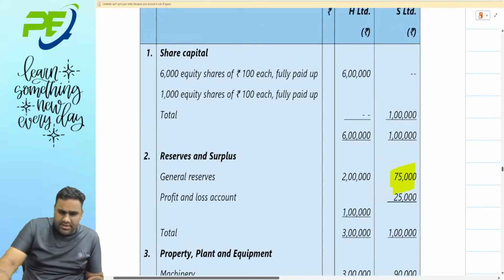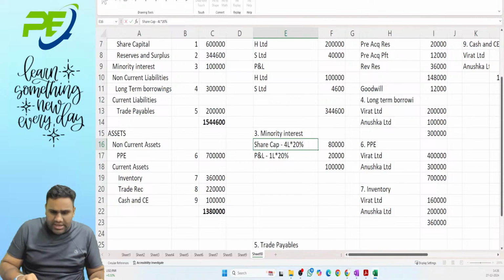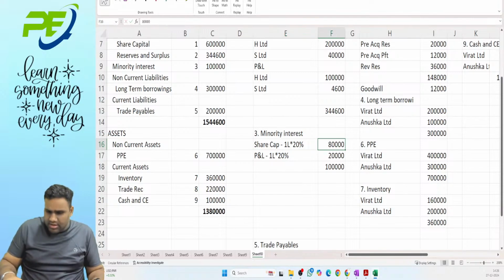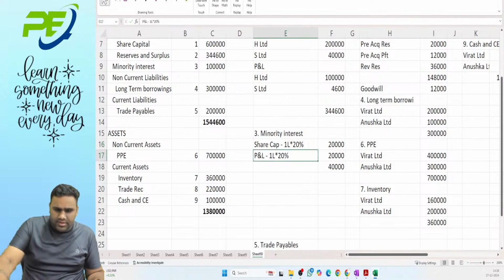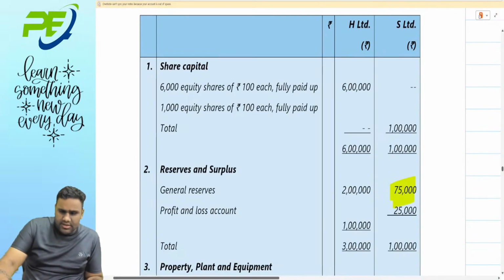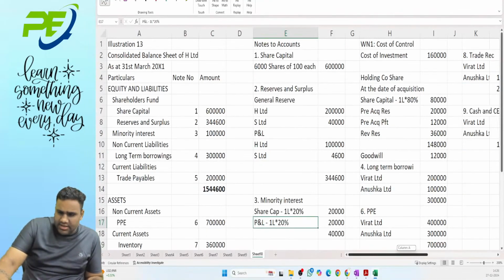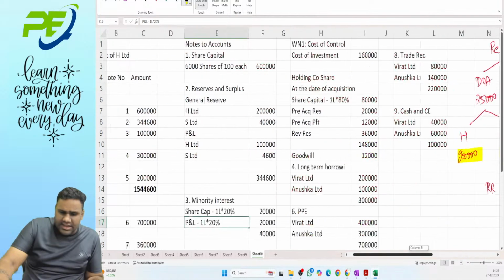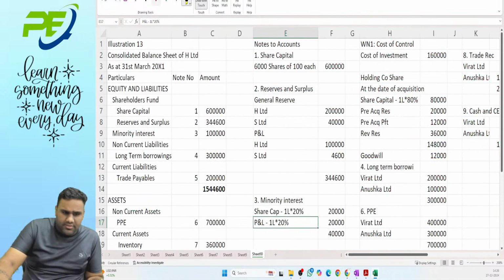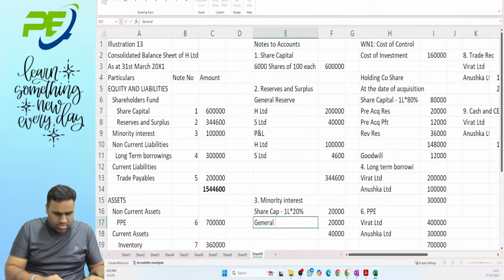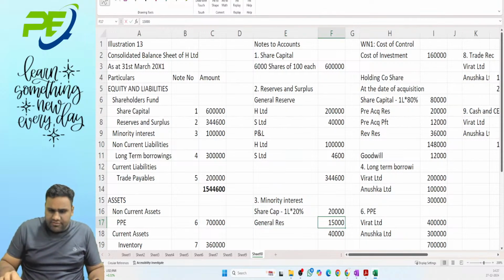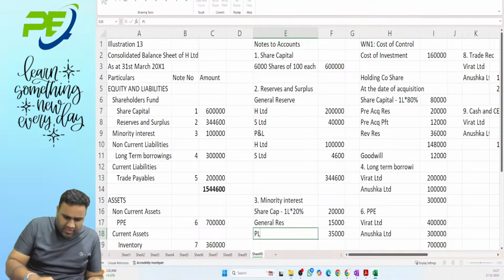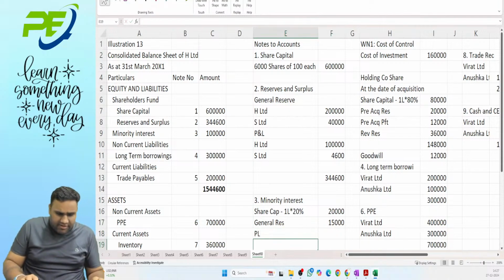So share capital 1 lakh into 20%, 20,000. Then now see here, general reserve. Can I write total 5 and 10? Yes. General reserve is 15,000. PNL and revaluation reserve.